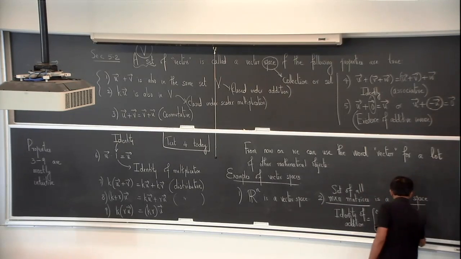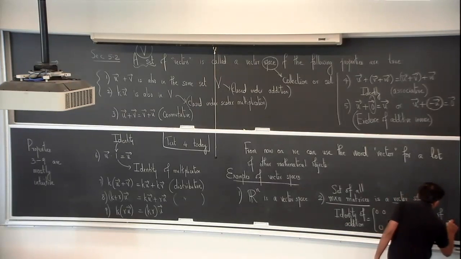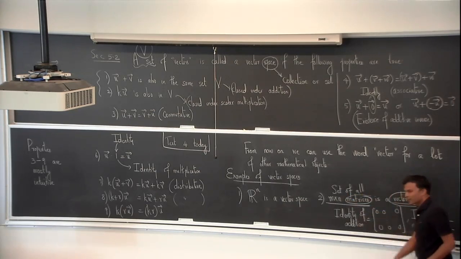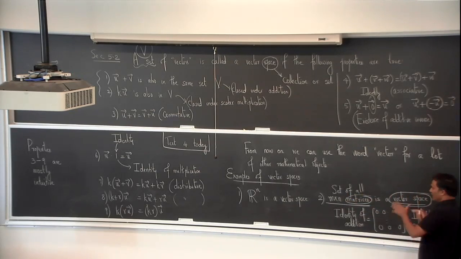Similarly, the identity of multiplication is the identity matrix. So a set of all m by n matrices without any other restrictions is always a vector space. Okay. So the word vector stands for the matrix there in that context. That is where the abstraction comes in. So that's why it's called an abstract vector space.